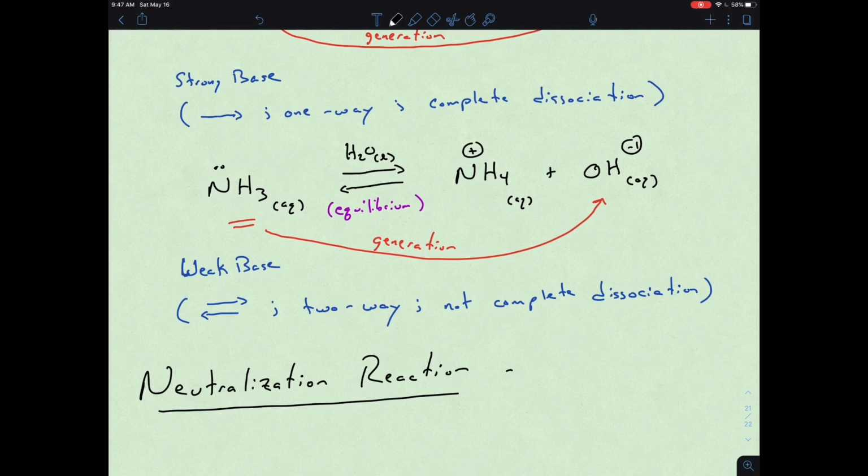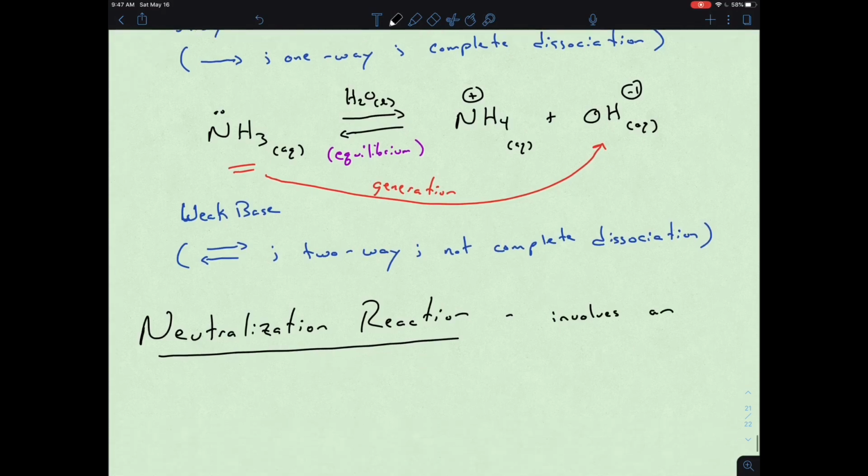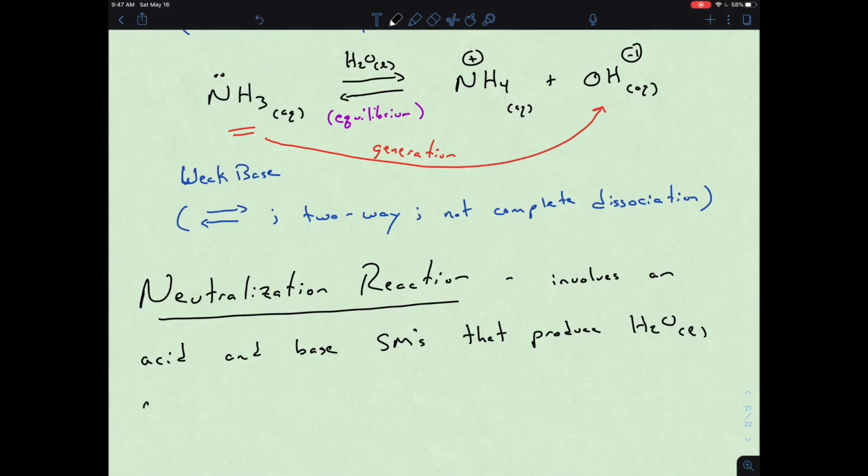So the neutralization reaction involves an acid and base starting materials that produce H2O as a product. There's also a salt product too.